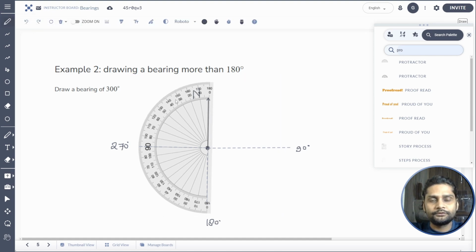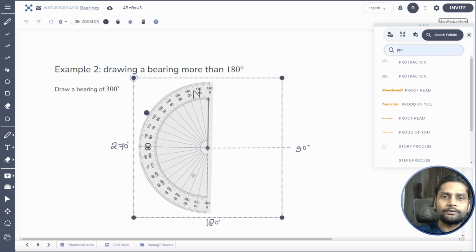Okay students, I tried to be accurate, but there may be a slight difference, so I hope you can understand. We want to draw the 300 degree angle. We are just at 270. We need 30 more, so 280, 290 and 300. Somewhere at this position we reach, and this is the other point that we wanted.